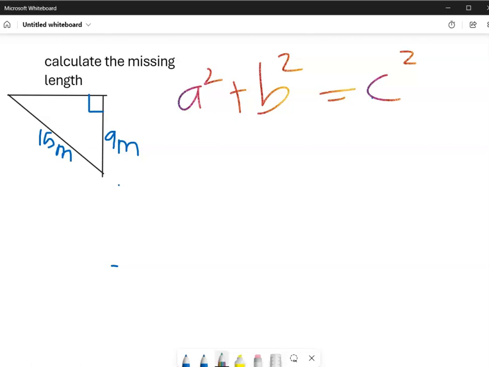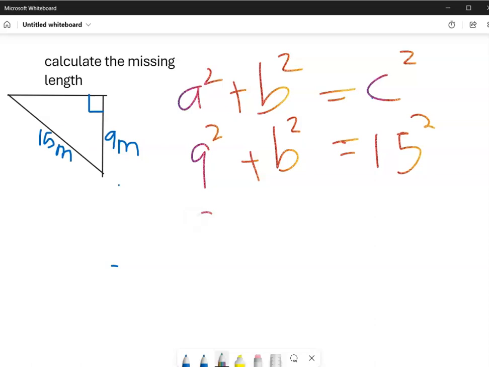So then a squared and b squared are the short sides. So you put in what you have, and remember it doesn't matter what a and b are once they are the short sides. So I'm going to put 9 squared. Don't know what the other short side is, keep it as b, and c is 15 squared.